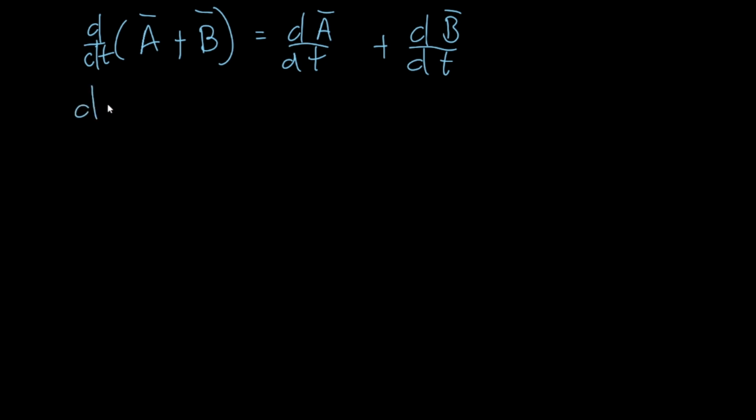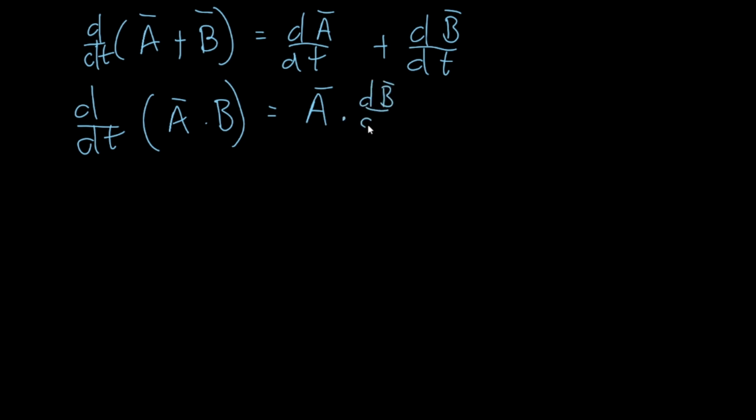If we wanted to find the derivative of the dot product of 2 vectors, this is simply equal to the dot product of the first vector with the derivative of the second vector, plus the dot product of the second vector with the derivative of the first.